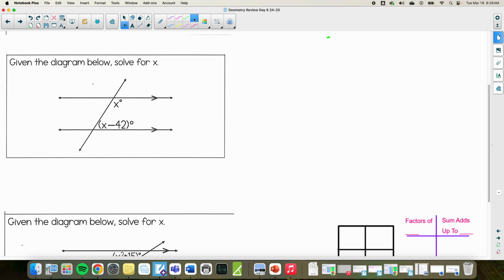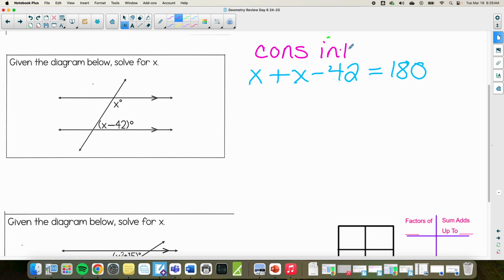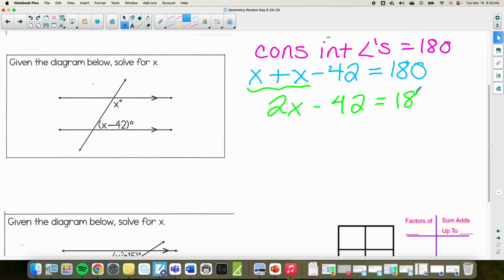Consecutive interior. So we add them together and we set them equal to 180 because consecutive interior angles equal 180. Right? Now, x plus x is 2x minus 42 equals 180.